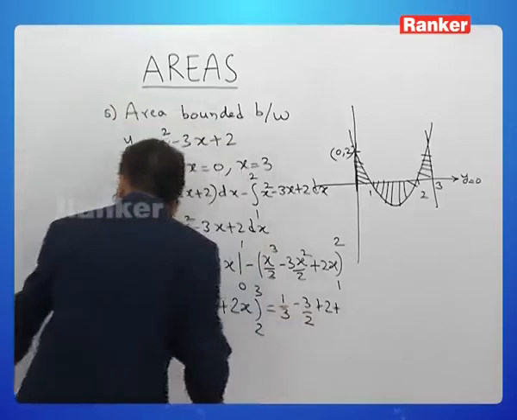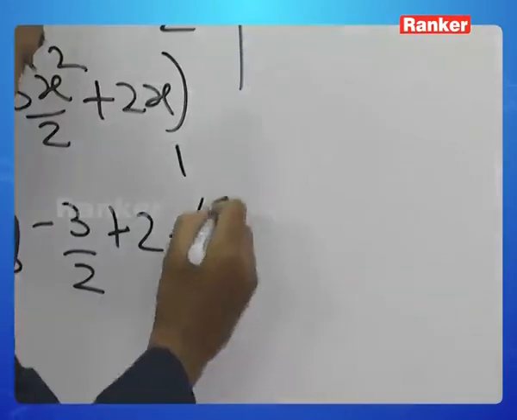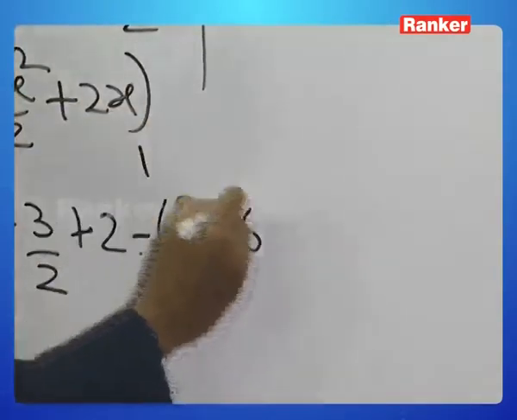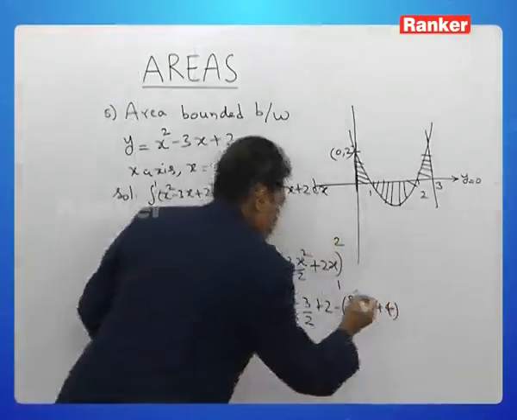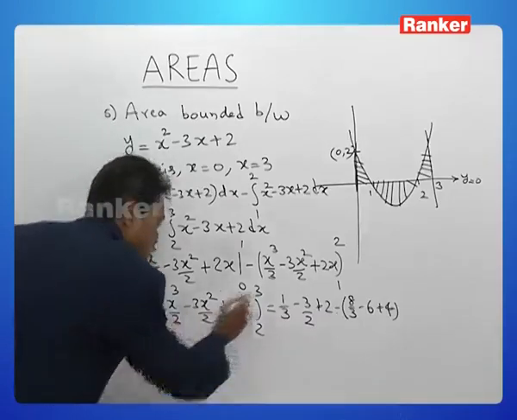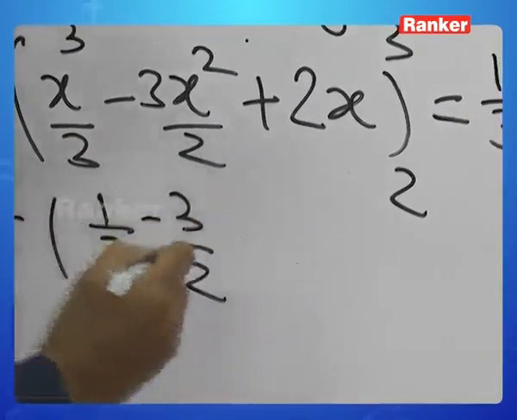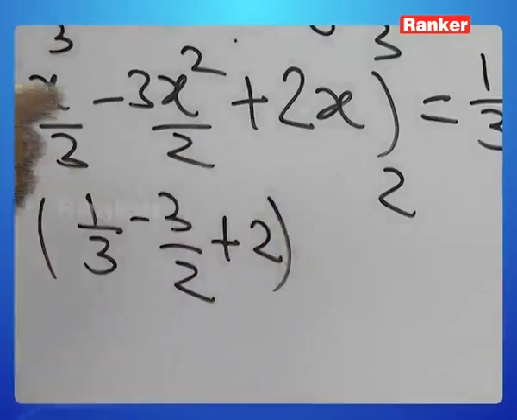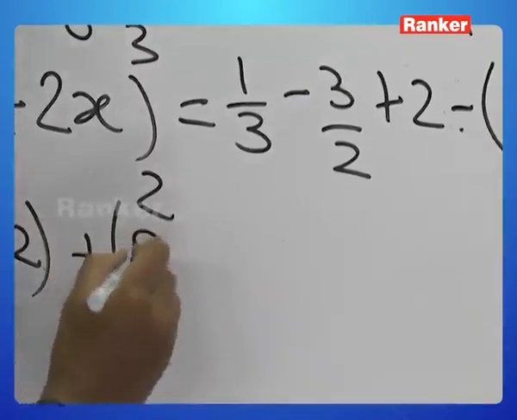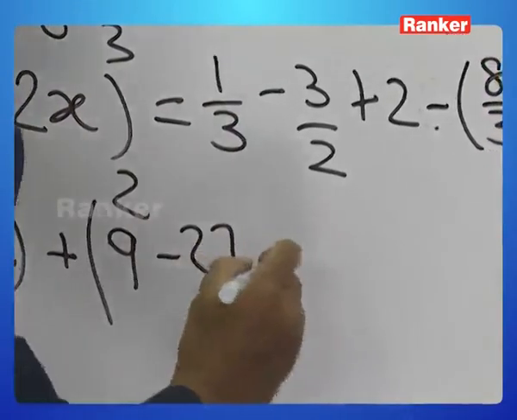Here, when you put 2, 8 by 3, 2 square by 2 and 2 into 2. This is over. Minus, any minus into minus, plus. Substitute lower limit. 1 by 3, 3 by 2 plus 2. And finally, last one. 3 cube by 3, 3 square into 3, and 3 into 2.